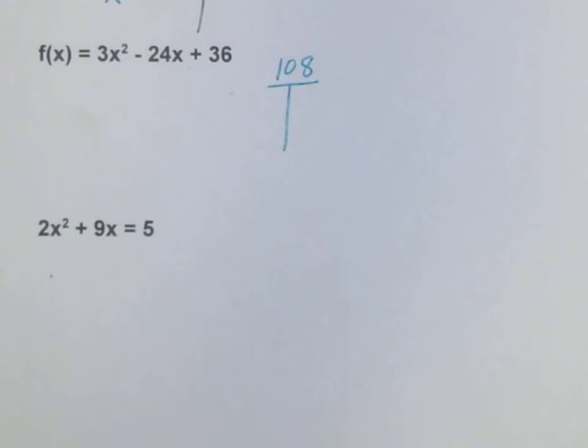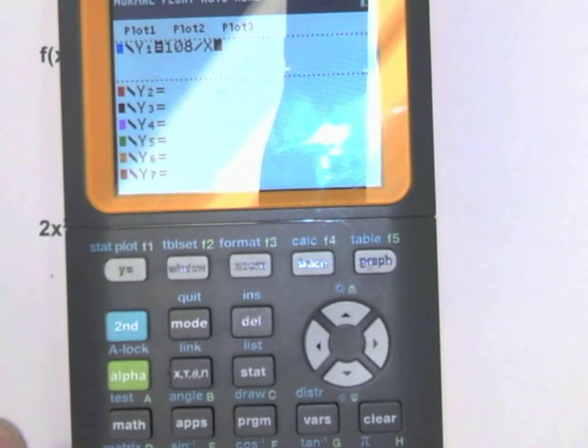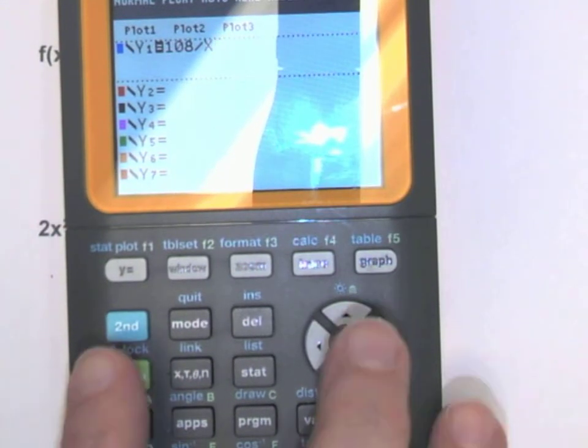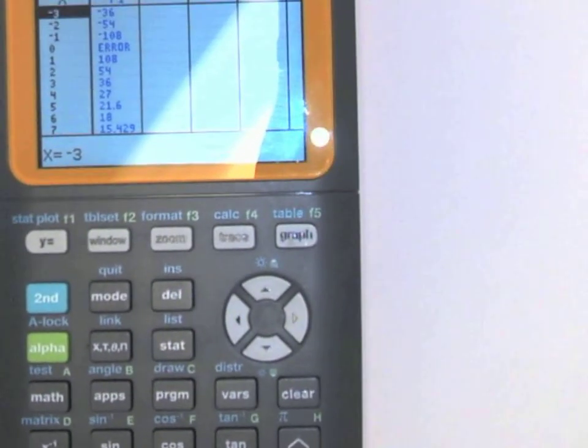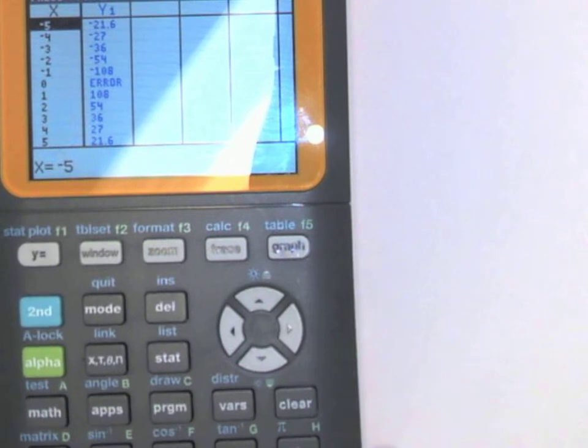Okay, let me get my factors in the calculator. For those of you that have forgotten how, you can always go to y equals, and you can put 108 divided by x. Now 108 is the number I got when I did 3 times 36. I want the factors of 108 instead of the factors of 36. Now remember, I'm doing two negatives that add to, what did I want them to add to?